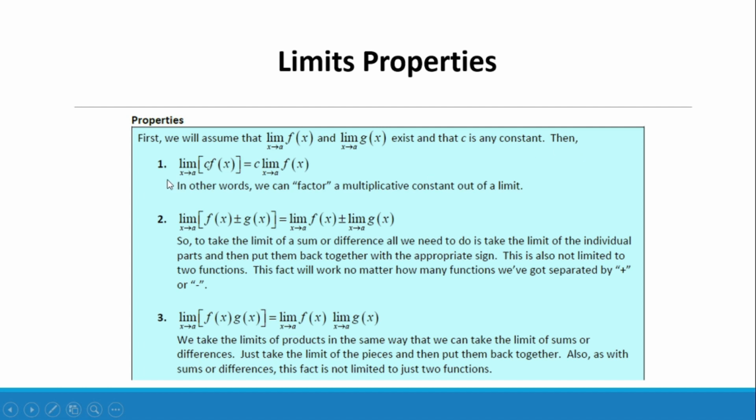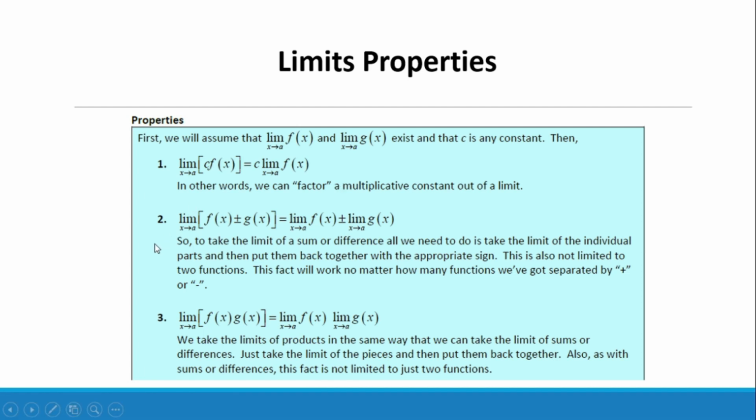Then, number 1, the limit as x approaches a of c multiplied by f(x) is equal to c multiplied by the limit as x approaches a of f(x). In other words, we can factor a multiplicative constant out of a limit. So we extract c, then we find the limit of the function f(x).